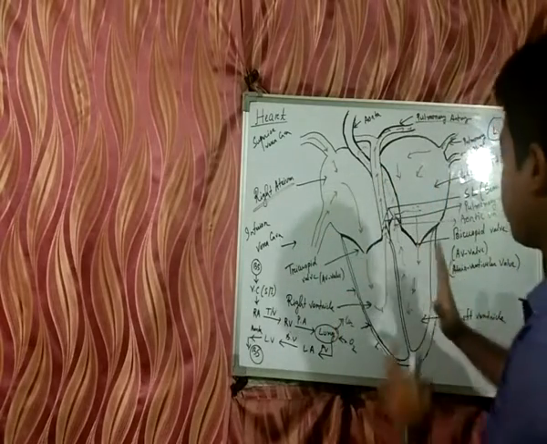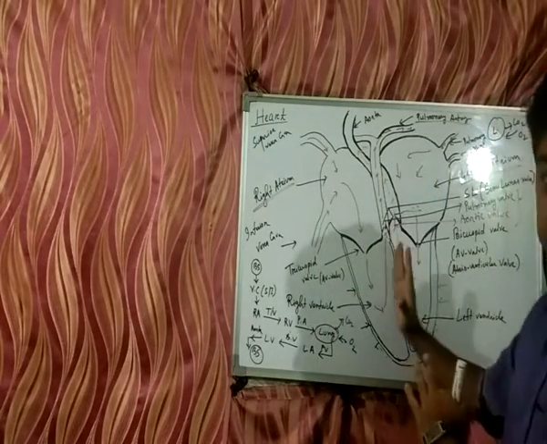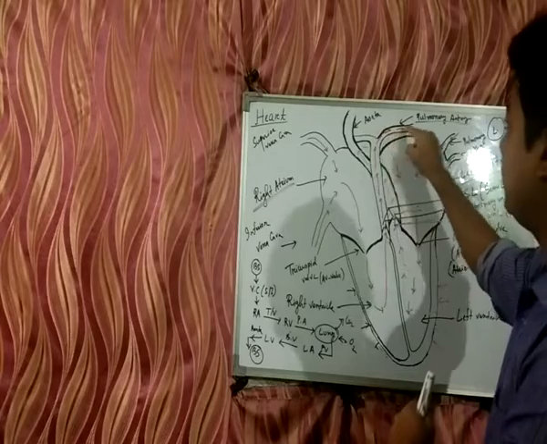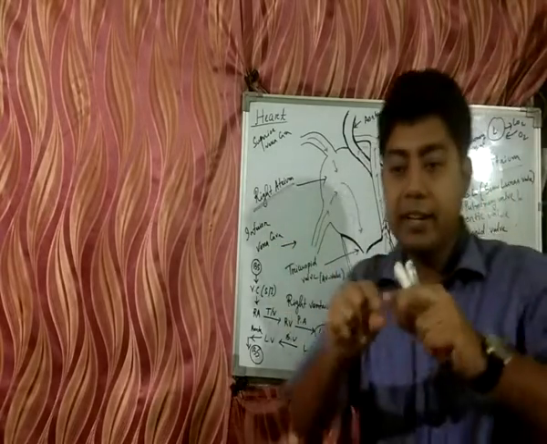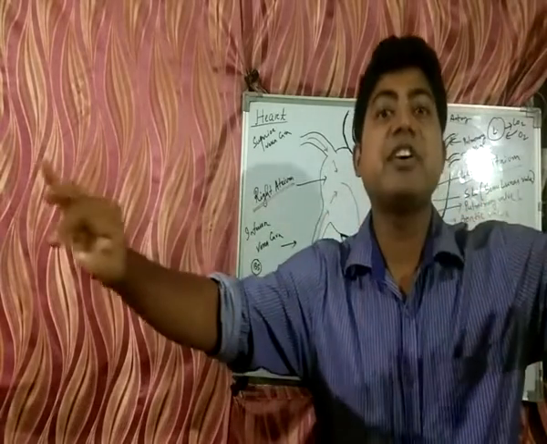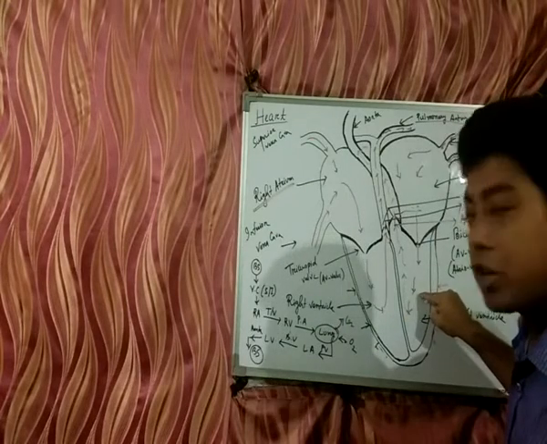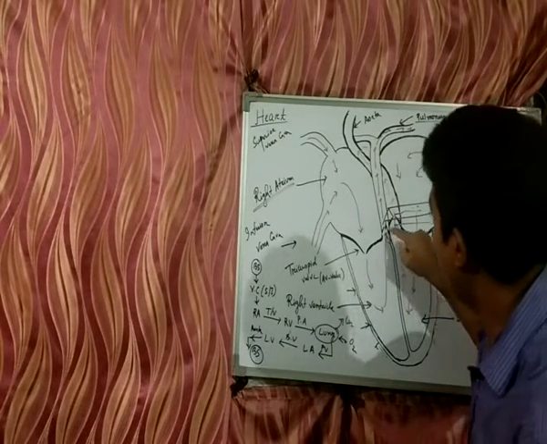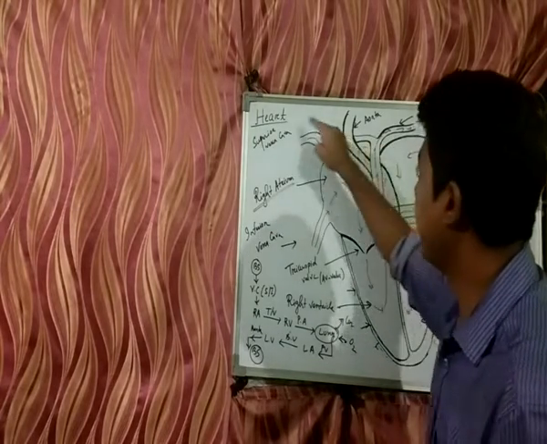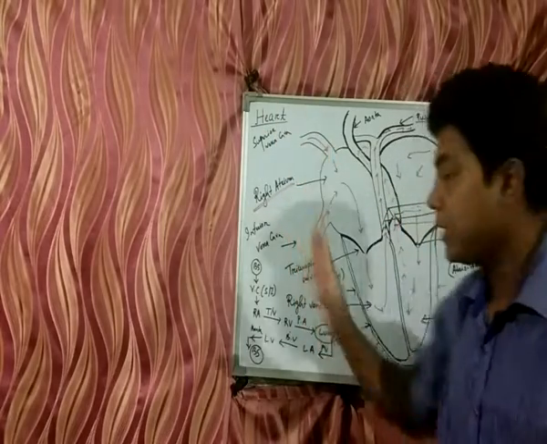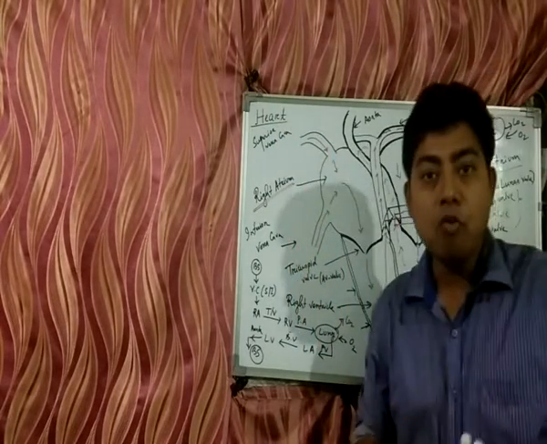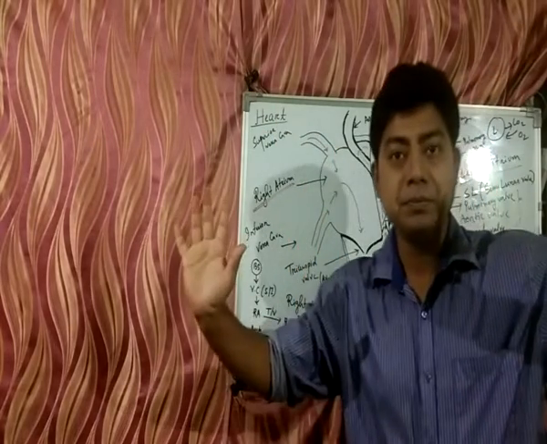Now after pumping from the left ventricle, this is the aorta. This aorta is again differentiated into arteries. Now this is oxygenated blood, moved through the aorta and then arteries to the whole body system. That means they move away from the heart.